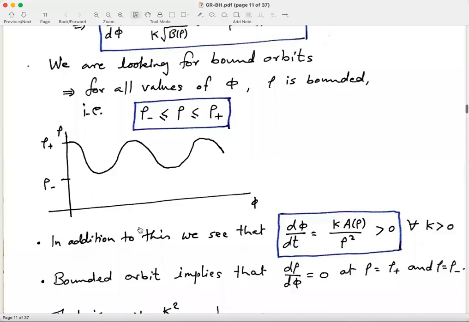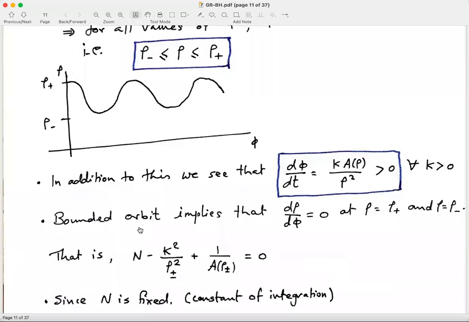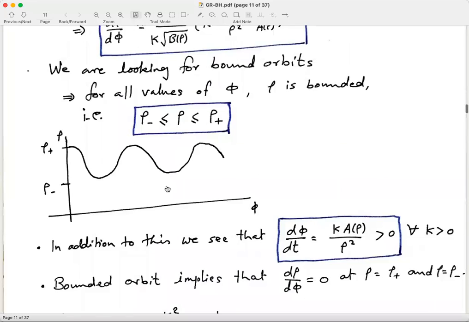Okay, good. In addition, we will see that d phi by dt, which is given by k over rho squared, is always positive for all positive k. Now a bounded orbit means you are looking at something like this, so there exist some values of phi at which d rho by d phi vanishes.